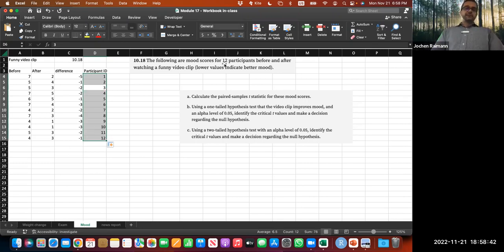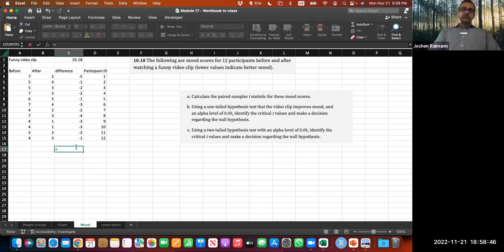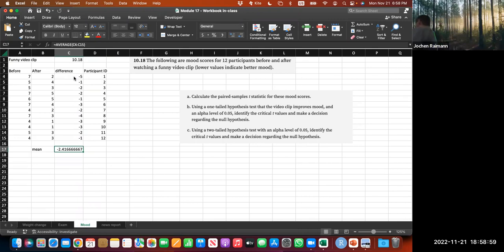So for the mean difference, we're calculating an average of all the differences. We get a decrease of 2.41. So with the naked eye we can already conclude that there was a decrease in the mood score, which indicates that people were in a better mood at the end of that video clip.